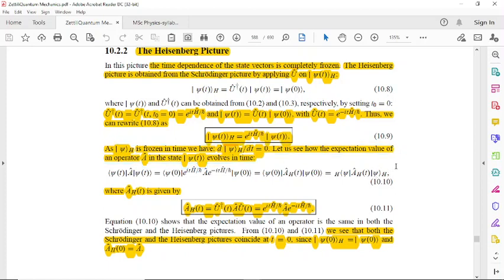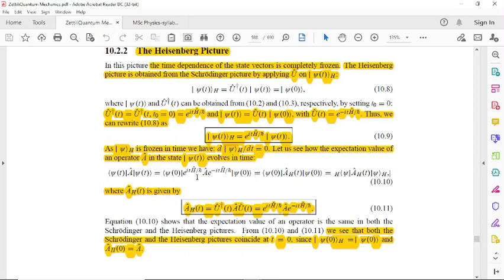Now we will see the expectation value of the operator. The bracket psi of t, A, psi of t, this is the expectation value of the operator. Then we apply the exponential expression of the unitary operator.